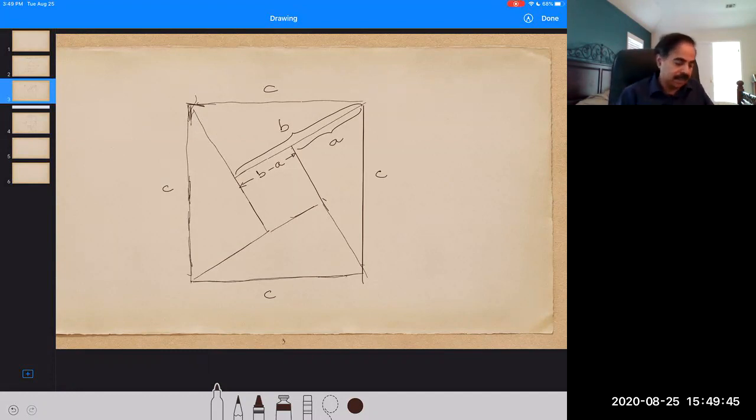Because you can see that if this angle is theta, then this angle is going to be 90 minus theta, because this is the right angle. In a triangle the angles add up to 180 degrees, therefore these 2 angles should be complementary, which means that if this is theta, then this must be 90 minus theta.